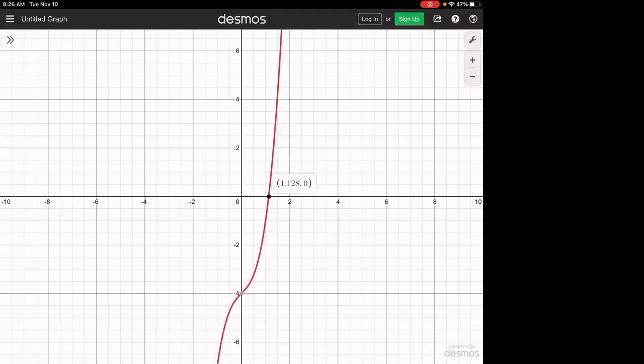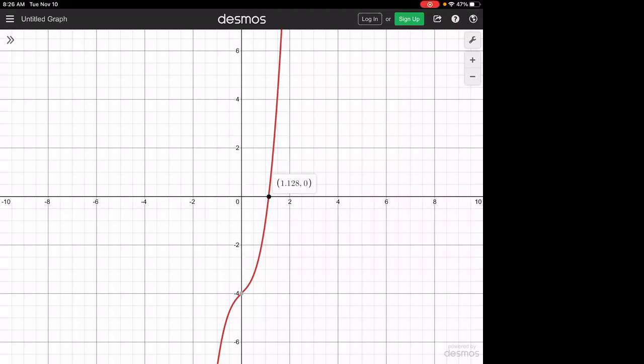And this is here, 1.128. If you round to 2 decimal places, the x is 1.13. Do you all see that? The zero of that function, 1.128, rounded to 2 decimal places, is 1.13.